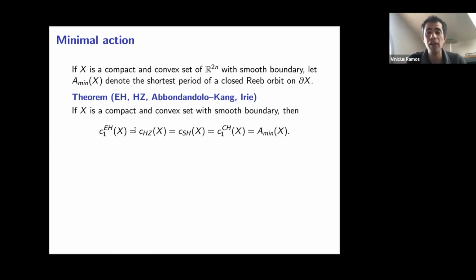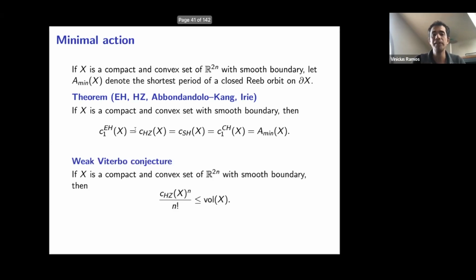So we can ask a weaker version of the Viterbo conjecture, which is basically just the Viterbo conjecture for the minimum action. So if X is a compact and convex set with smooth boundary, then we just want the Hofer-Zehnder capacity or the minimum action to satisfy this inequality. And moreover, the equality holds if and only if the interior of X is symplectomorphic to a ball. And this conjecture is still open. So even though it's just for one capacity, it's still open.